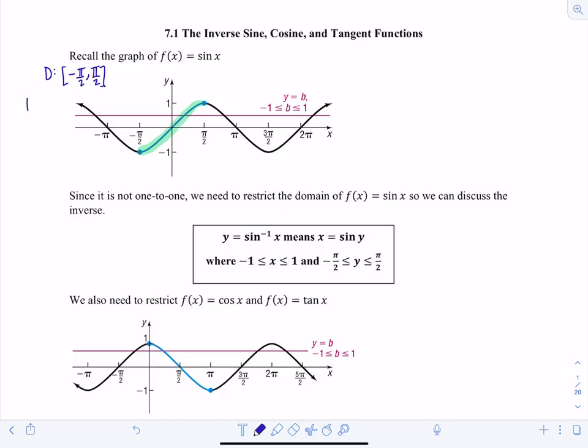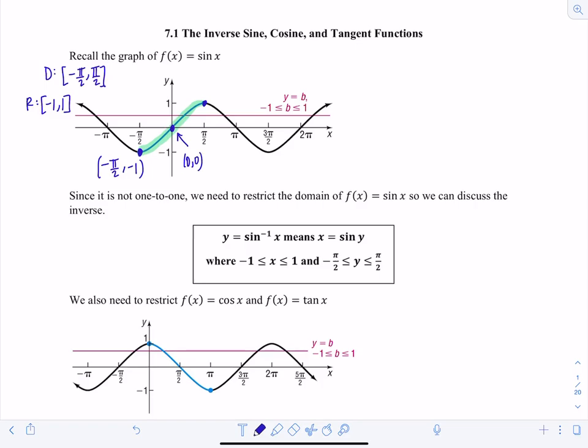And then the range is going to be the same, right? The range will just be from -1 to 1. Now let's sketch a quick graph of what y equals sine inverse of x looks like. To help us do that, I want to identify 3 points. If you think back to when we graphed inverse functions, remember we could just take points x, y and interchange the coordinates, and that would give us points on the graph of the inverse. So this first coordinate here is -pi/2, -1.